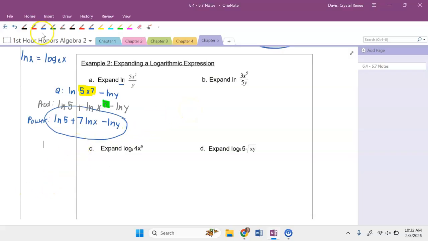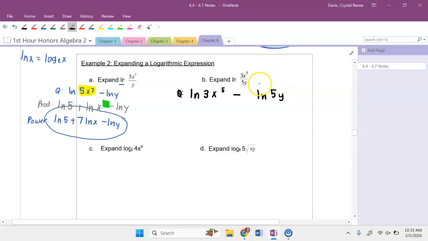All right, let's look at B. So using the quotient property, we can write this as natural log of 3x to the 5th minus natural log of 5y.